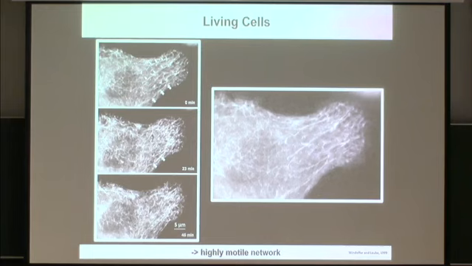We looked at the filament distribution, and basically it's quite the same. And maybe I should say this already now, but at the end of the talk I will show you that we can use these labeled polypeptides and substitute the endogenous gene with them and have no functional deficits. So I think it's a pretty good argument that it's very similar, but it's clearly not the same, especially if you talk about kinetics and things like that.